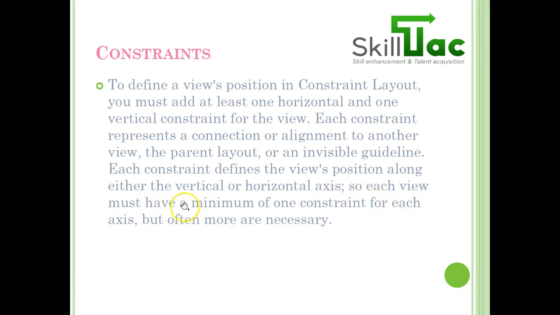Each view must have a minimum of one constraint for each axis, but often more are necessary. So we need to define a vertical and a horizontal axis for the view.